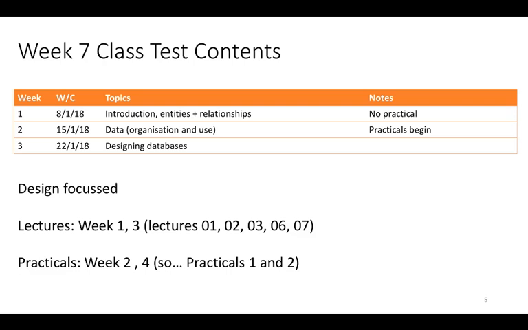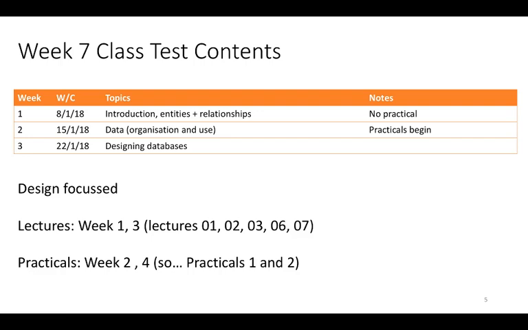All of the other stuff is potentially usable in the assignment and will potentially be examinable. But this class test will be paper-based and it will be on the design elements. I will expect it to be something like the first and second practicals.